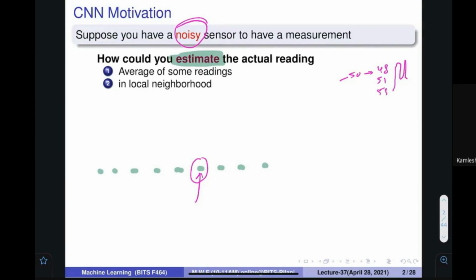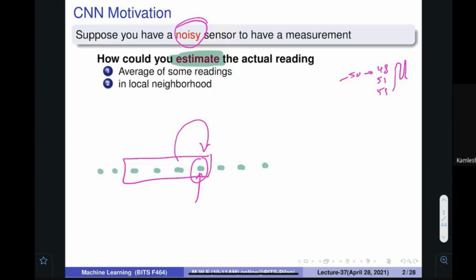So what would you do? The direct answer would be that if you are not sure about this value, you can take the average. So maybe for this particular duration you take all the values and find the average, and you assume that this value is going to come at this particular place.